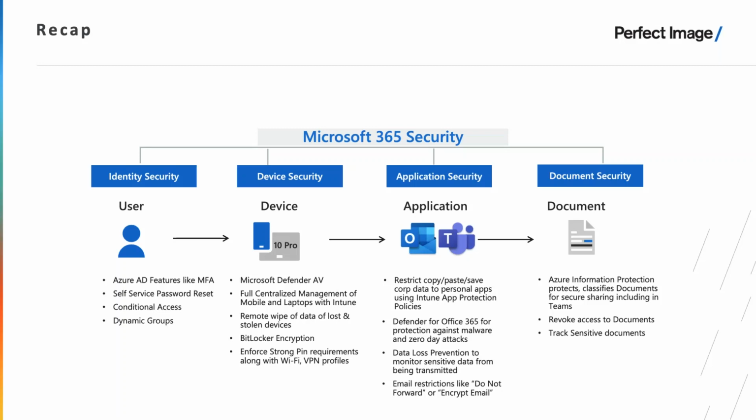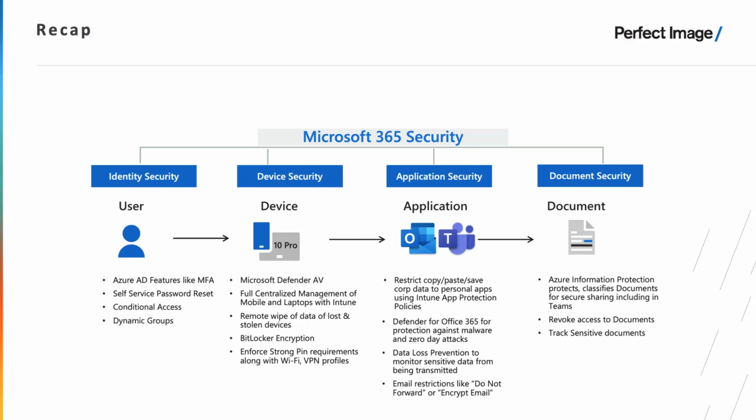The protection continues on the device level. So whether the company or the employee owns the device, by using Intune policies, including the ability to remotely wipe a lost or stolen device, and protect the work data on those personal devices with app protection policies.